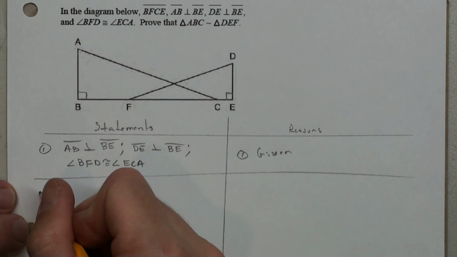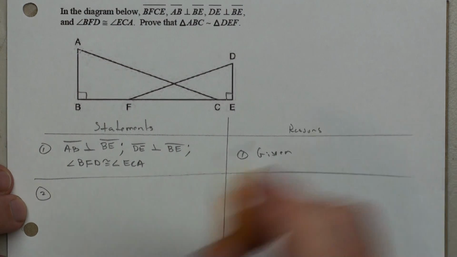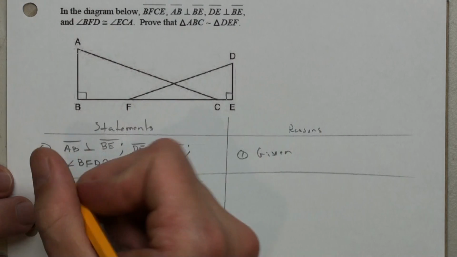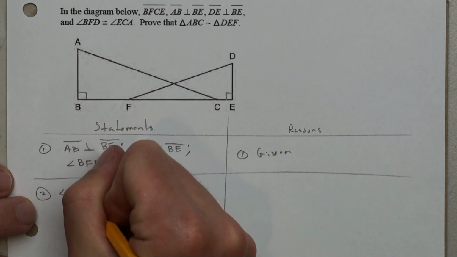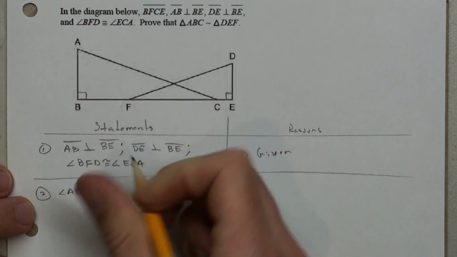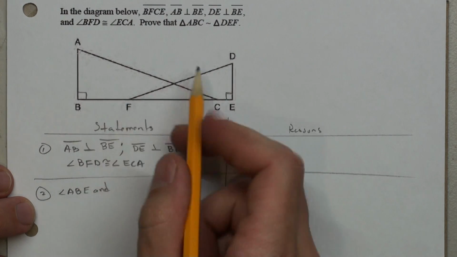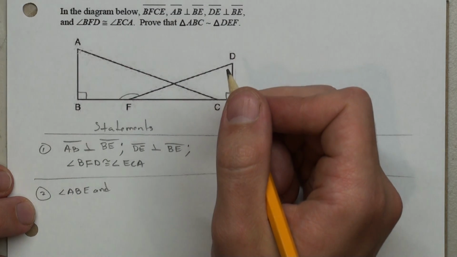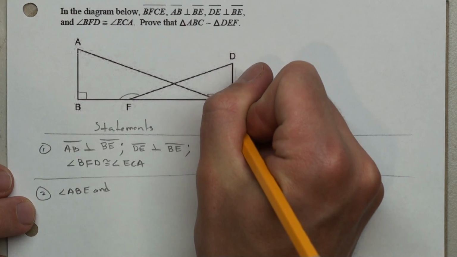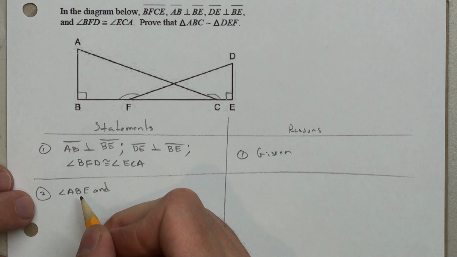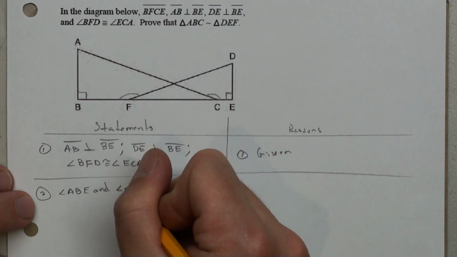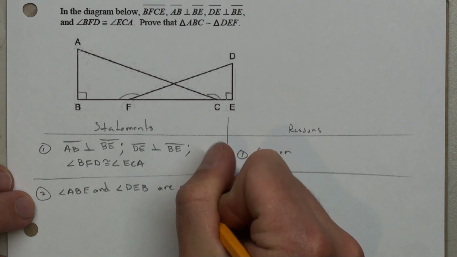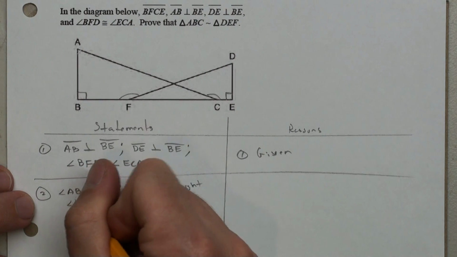Okay, number 2. Alright, so first let's say that angle ABE, oh wait, we have to mark off BFD and ECA are congruent. Angle ABE and angle DEB are right angles.